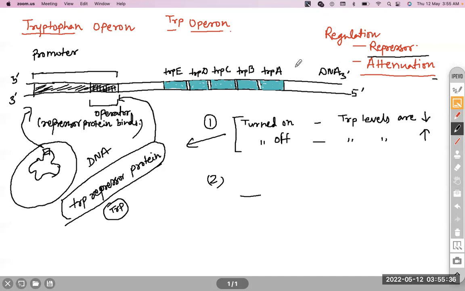Okay, so this is the mechanism by which the tryptophan operon is getting regulated, one of the mechanisms, and this is the repressor mechanism. Okay students, आ रहा है समझ में?